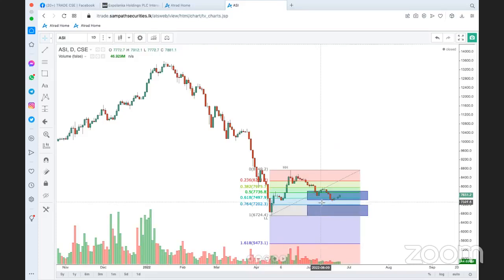But this area is also very, very important. The reason why I'm using this level is because of this, as I mentioned, right? So you have the support, you have the support 1, S1. Then you have the other side, the resistance levels, right?